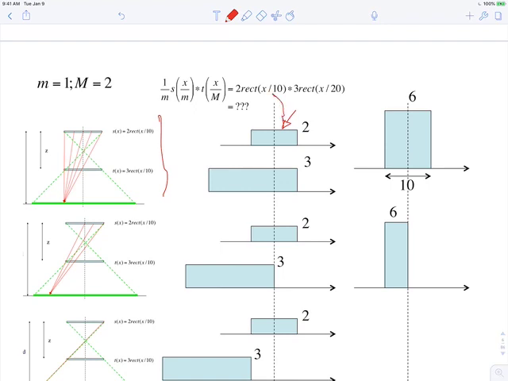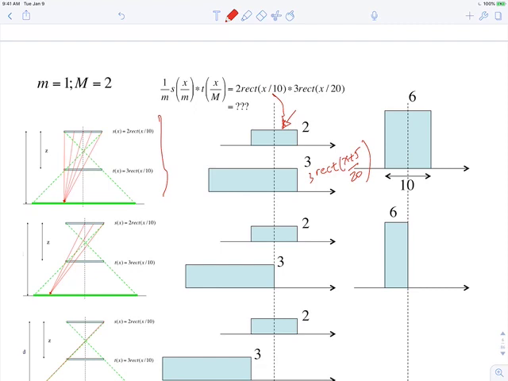So that's just this thing here. And this is my rect of x shifted, x plus 5 over 20, with a factor of 3. Okay, so I've shifted it to the left by 5 because I want to know what the answer is at x minus 5.